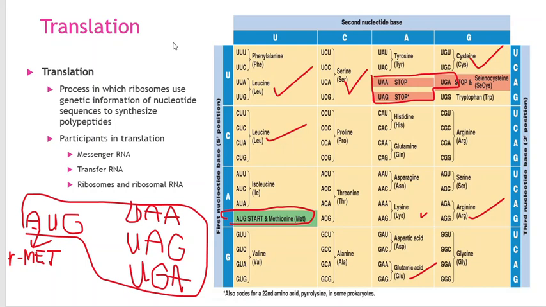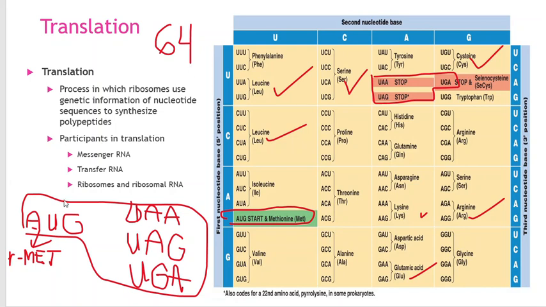But there's only 20 amino acids, and if you do the math, you'll find out there's 64 possible combinations of four letters in three-letter groups.